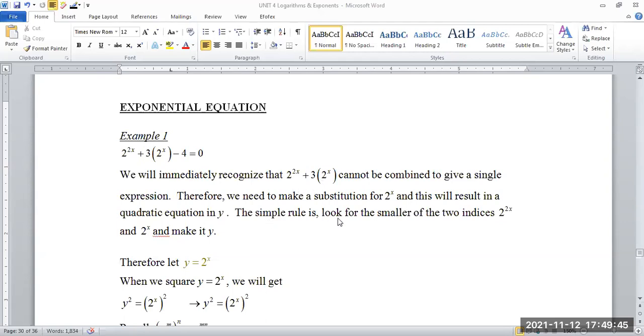And the simple rule is you're going to be looking for the smaller of the two indices. So what do you mean by smaller of the two indices?